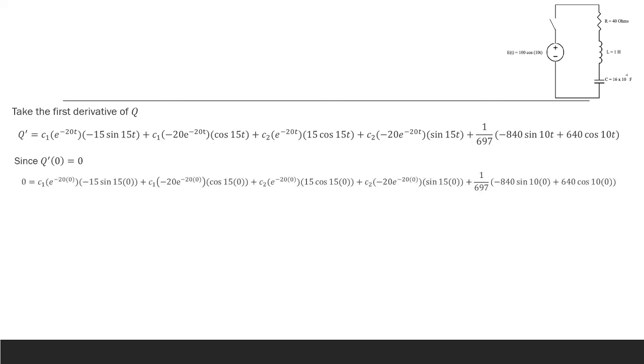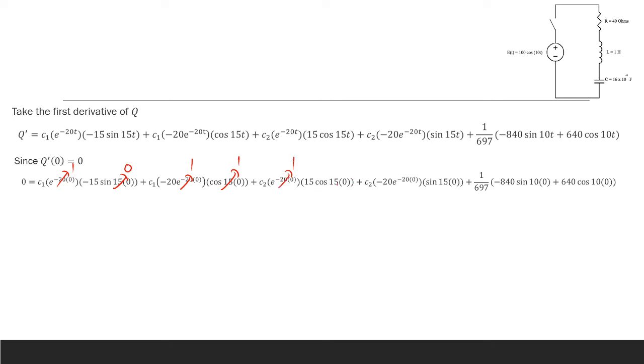So substituting, we'll have 0 is equal to C1 e raised to negative 20 times 0. This is equal to 1. Times negative 15 sine 15 times 0. This is 0. Plus C1 times negative 20 e raised to negative 20 times 0. This is 1. Times cosine 15 times 0. This is equal to 1. Plus C2 e raised to negative 20 times 0. This is equal to 1.